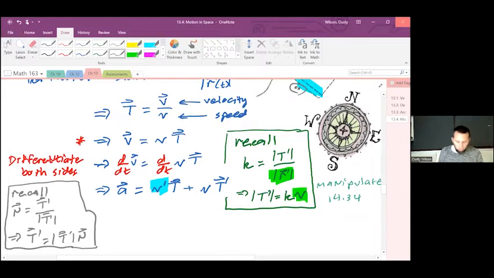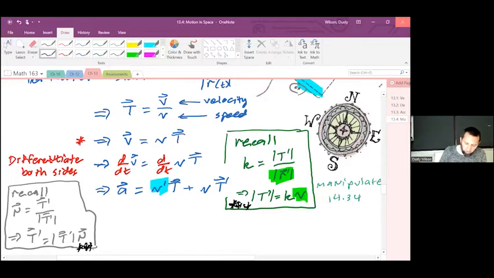Okay. Well, notice here that we have a formula for T prime in both cases. So here's a formula that includes T prime, and over here we have a formula for T prime.